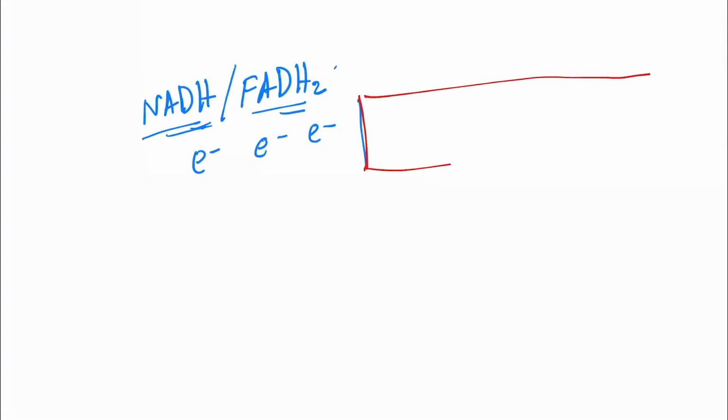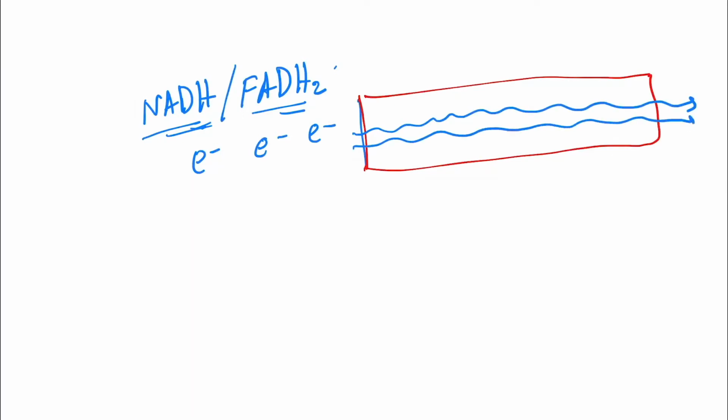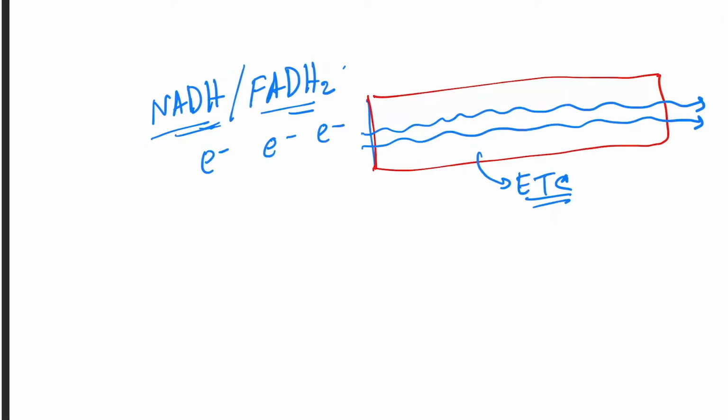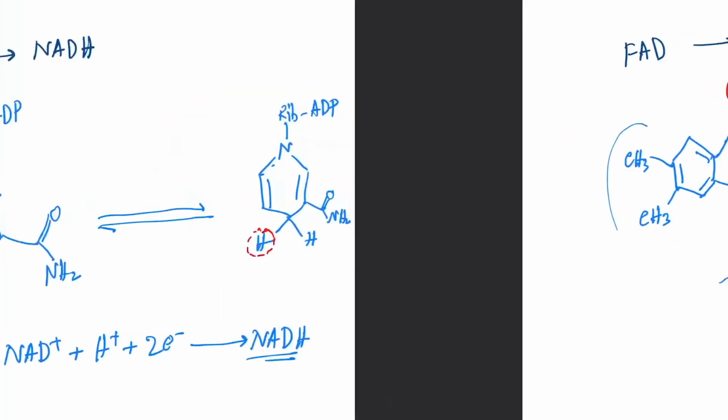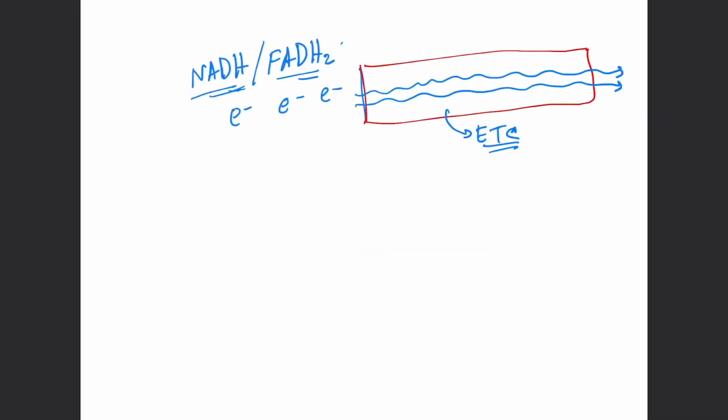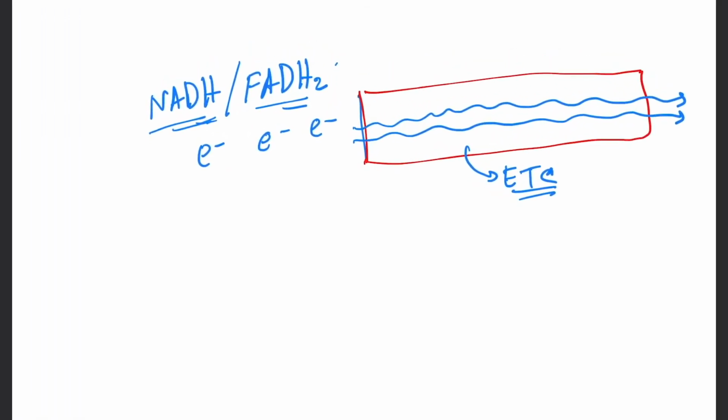Let's take this as the carrier, and the electron will travel to this carrier. This chain of carriers is called the electron transport chain. Now let's see in detail what happens in the electron transport chain. Hope you have understood these basic concepts, and now we will be able to understand the full electron transport chain.